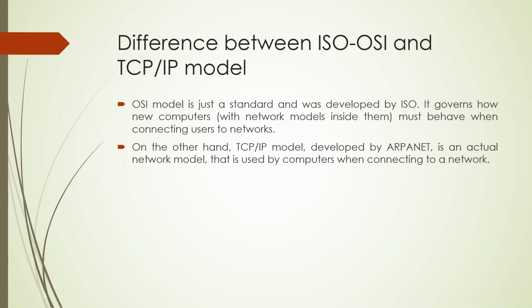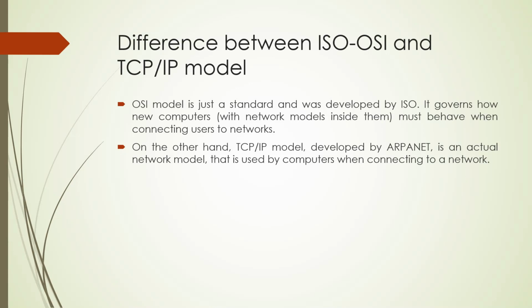In the case of OSI, it will tell you how a network model should behave, or how it should look, if I want to create a new network model that connects to a network. But in the real-time scenario, we do not use the OSI model because that's the standard. We actually use the TCP/IP model that was developed by ARPANET. This is an actual network model that is used by computers when connecting to a network. So this is the main difference.